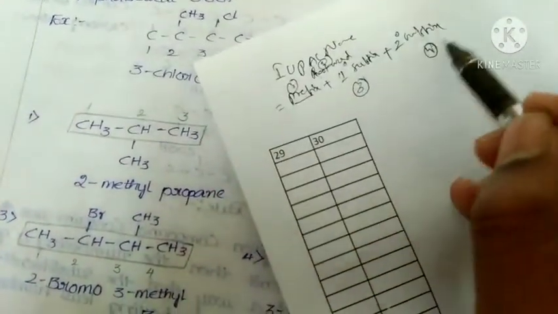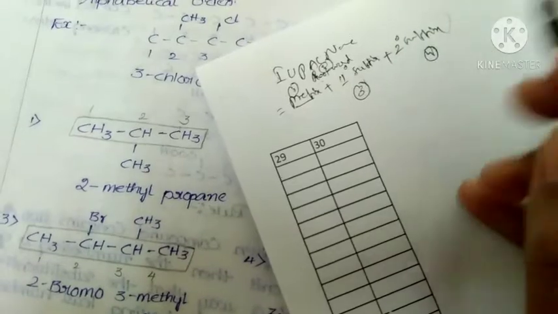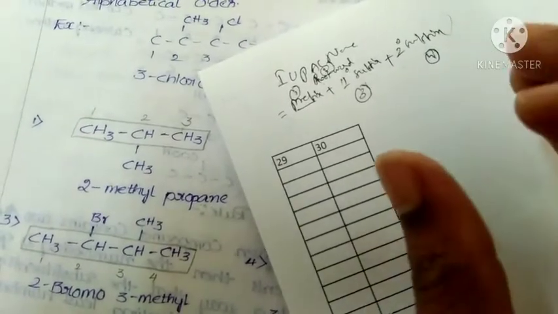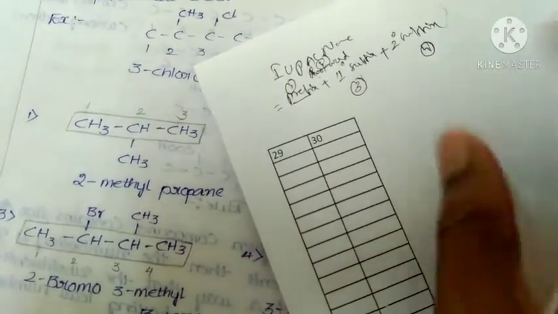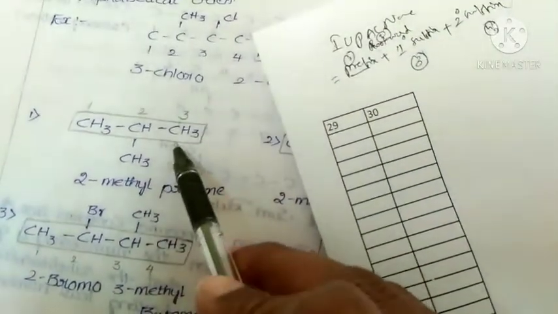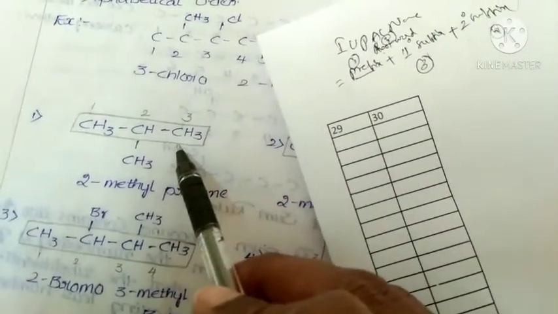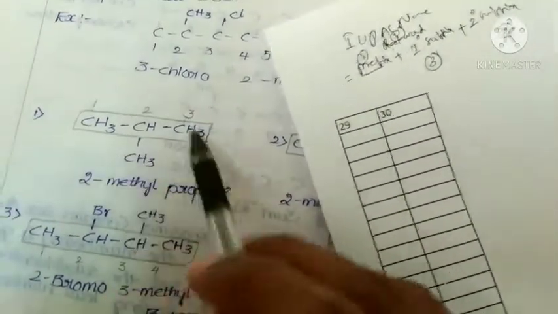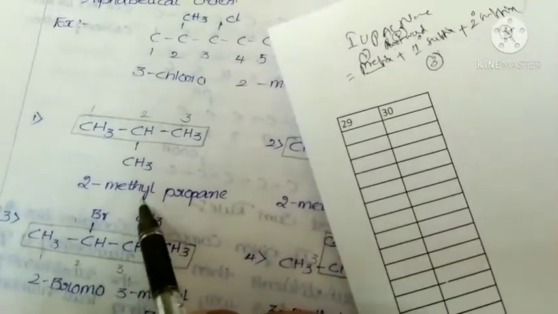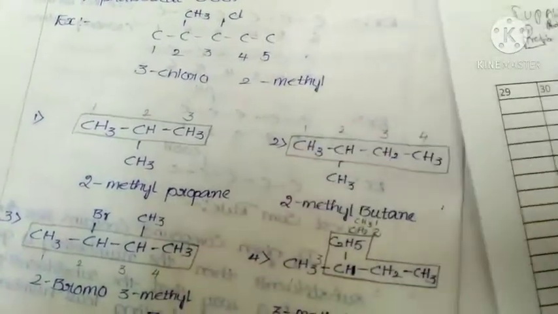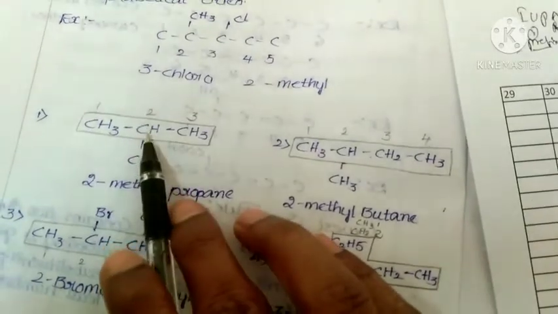Then what about the secondary suffix? We give a secondary suffix when a functional group is present. Here no functional group is present, so no need to give a secondary suffix. So what is the name of this compound, students? 2-methyl propane. That is the name of this compound.